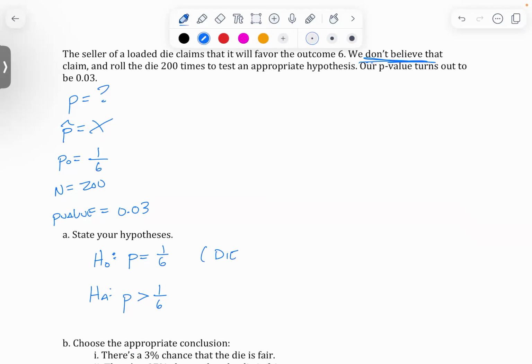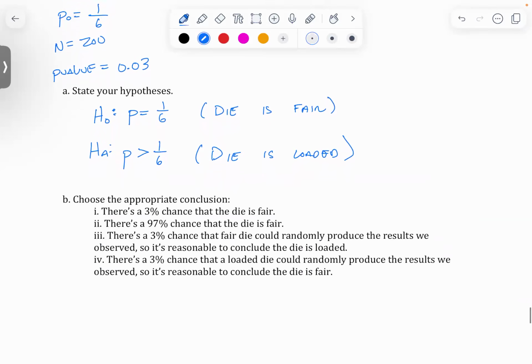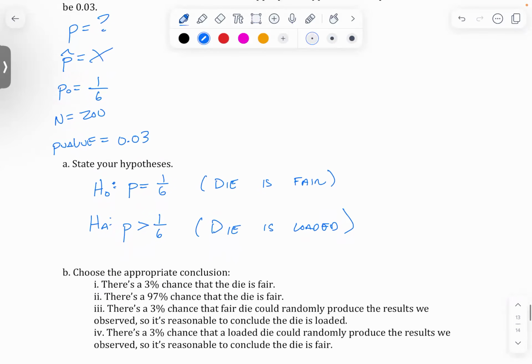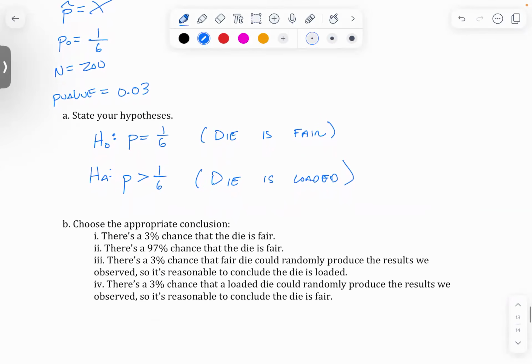Right? So we're starting with the assumption the die is fair, and we're trying to prove the die is loaded, AKA favoring the outcome 6. So notice that with very little information given, I can set up hypotheses, and actually I know a lot going on, even though a lot wasn't told to us.